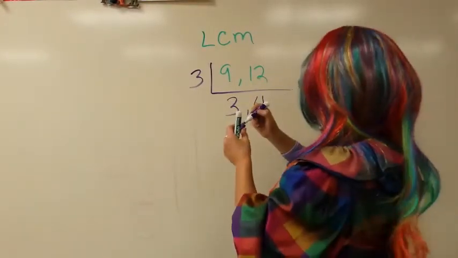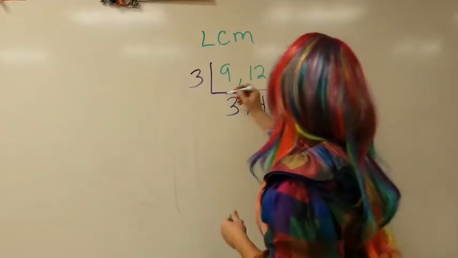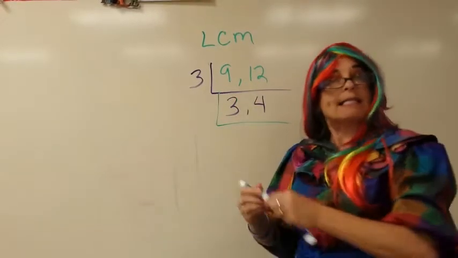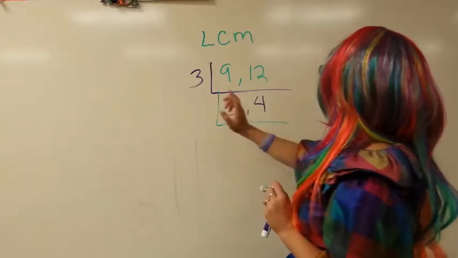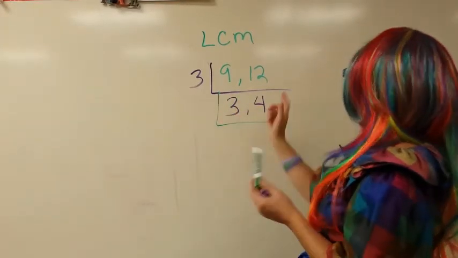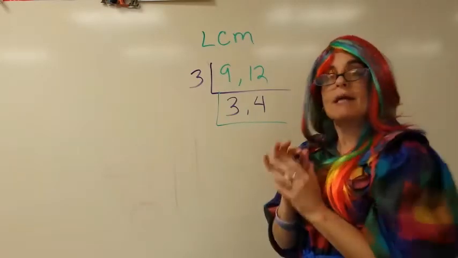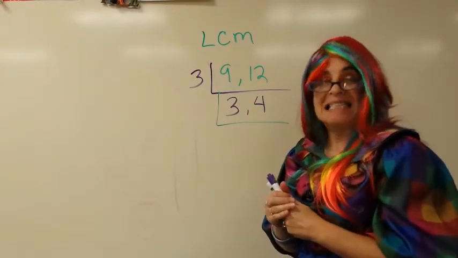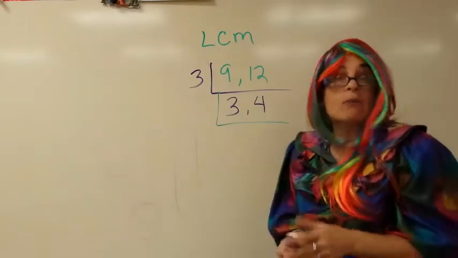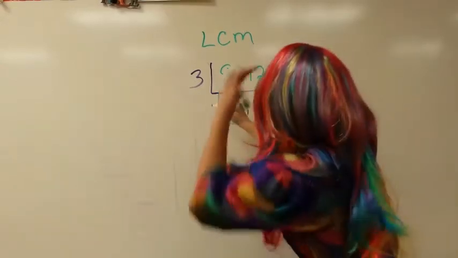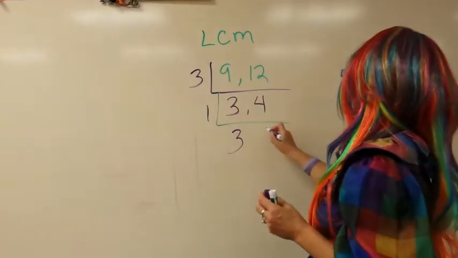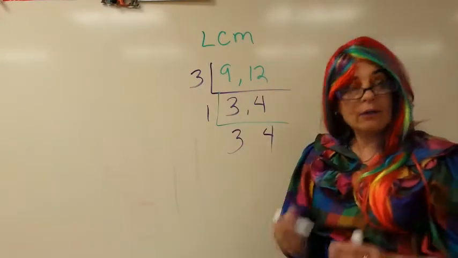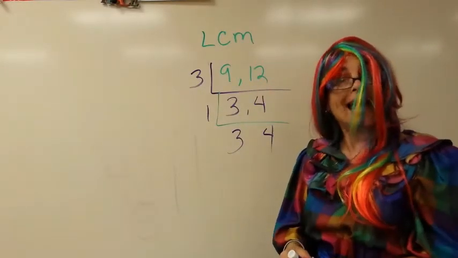Then I make another ladder, and I say to myself, what number can go into 3 and 4? It has to be one number that'll go into both of them. The only one will be the number 1. 1 goes into 3 3 times, 1 goes into 4 4 times. There goes the saying, 1 and done.